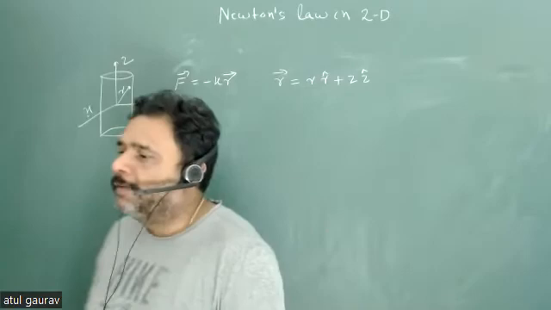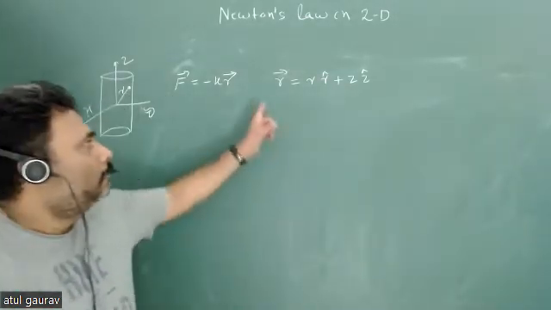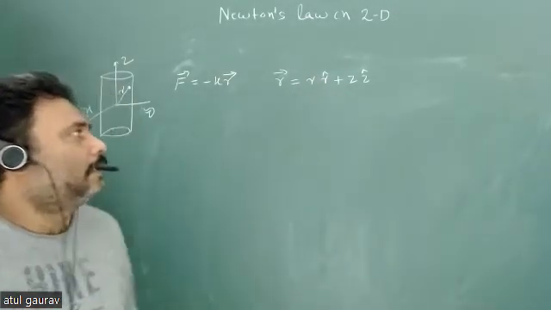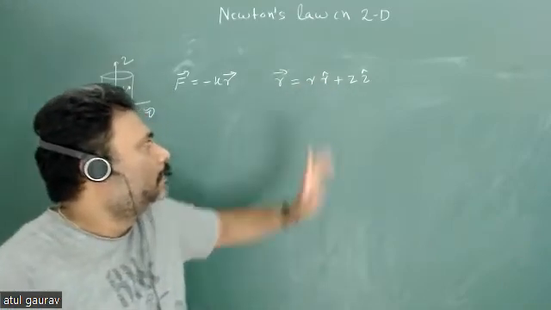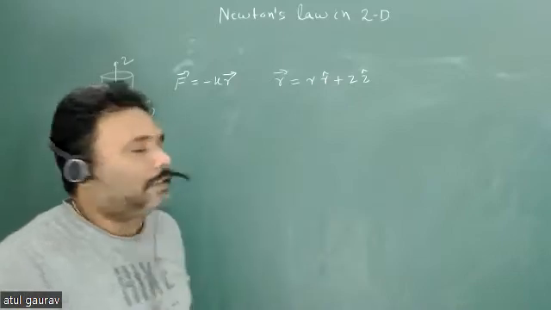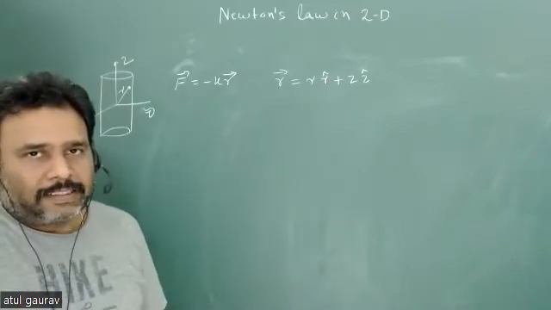This has also come in an exam once: write down the position vector in a cylindrical coordinate. So when you write the position vector in the cylindrical coordinate, this will be the thing.